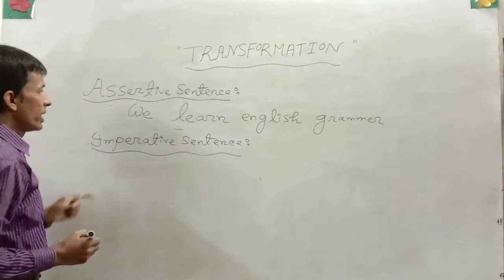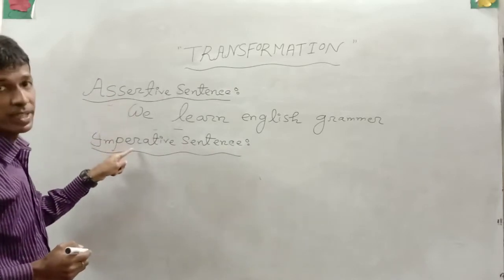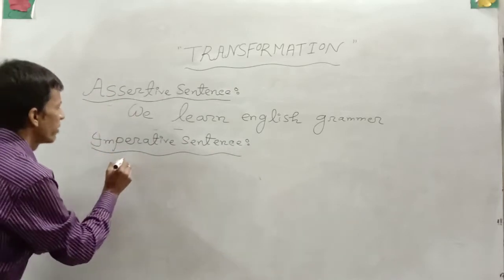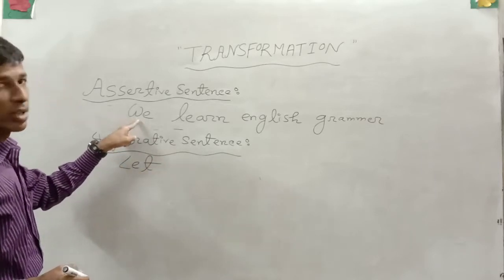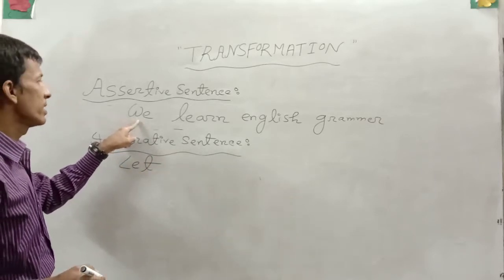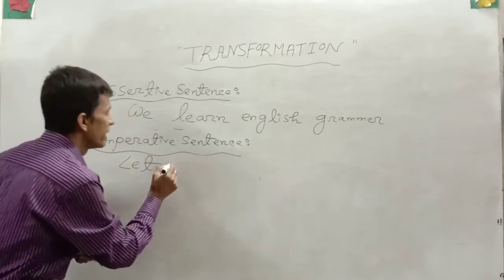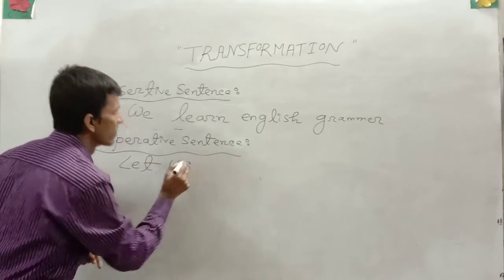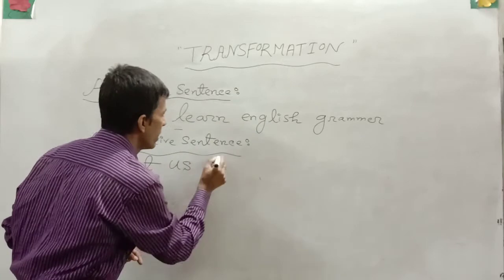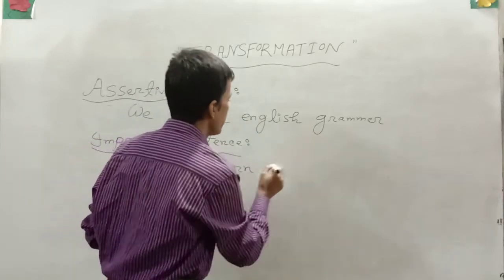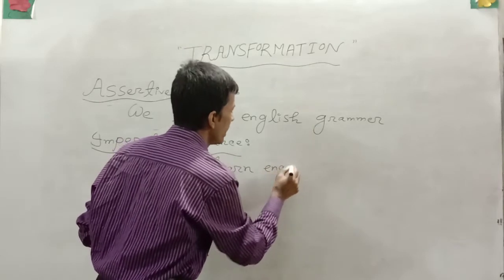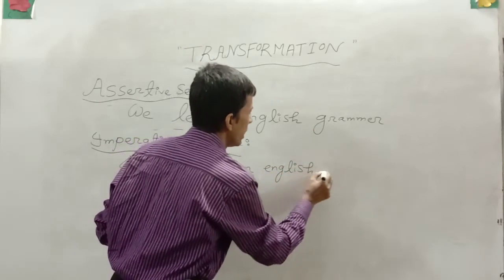Now you will transfer it from assertive to imperative sentence. First of all, you will have to write let. Then the subjective case will be transferred into the objective case. For this reason, we will have to write in the form of us. After that, the main verb will remain unchanged. And at last, the objective case will have to be placed in the last part of your answer.